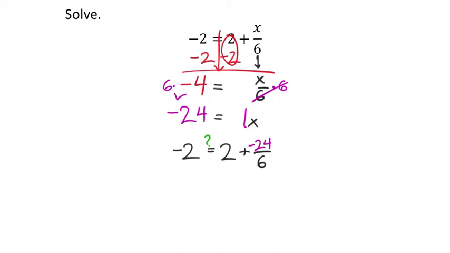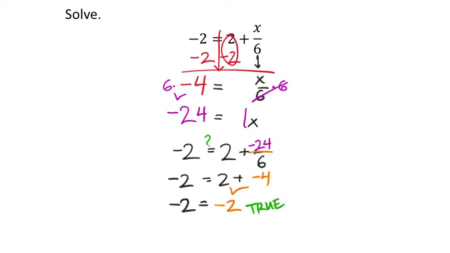So by the order of operations here, I would have to do the division first. Negative 24 divided by 6, which is negative 4. So now my equation reads negative 2 equals 2 plus negative 4. Some of you would probably even change that to minus, but I'm going to keep the negative because the calculator will do this for me, just in case you're confused on that. So 2 plus negative 4 is negative 2, which does actually equal negative 2. That's a true statement.